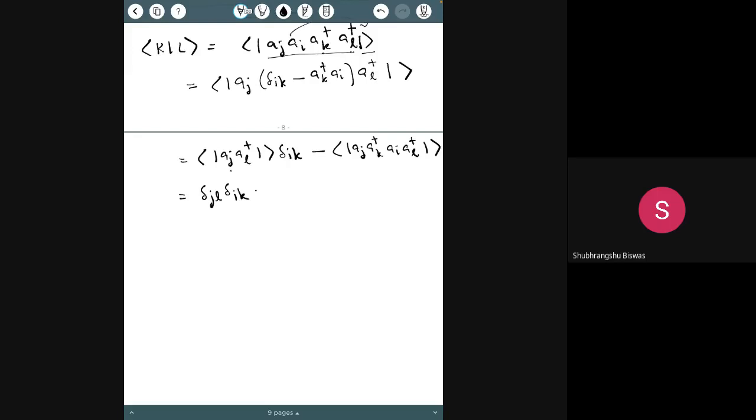And here I will move again AI to the right, which means I will get a delta IL minus AL dagger AI.